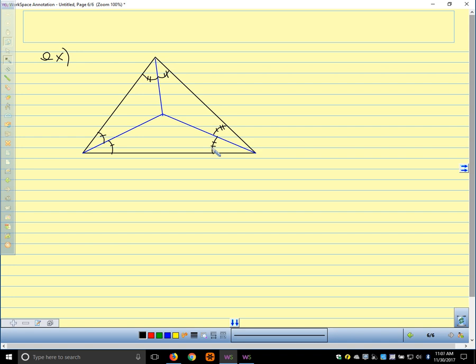All right, and based on just the drawing that I have so far, these lines, what are those lines doing to the angles of the triangle? Bisecting. So the blue lines are angle bisectors.